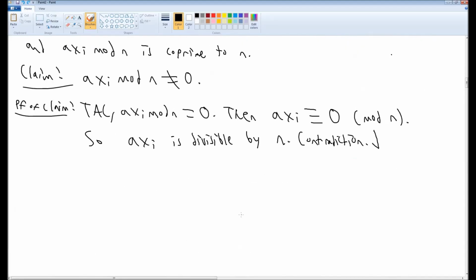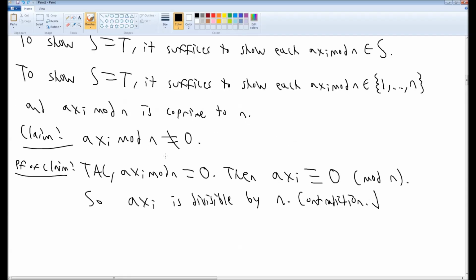This is why, okay? Because otherwise the step of the proof would be invalid. So assuming that this guy equals 0 leads to a contradiction. Therefore, the assumption was wrong, so this must be non-zero after all.